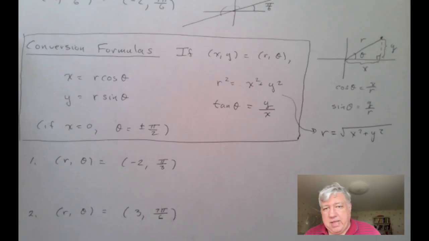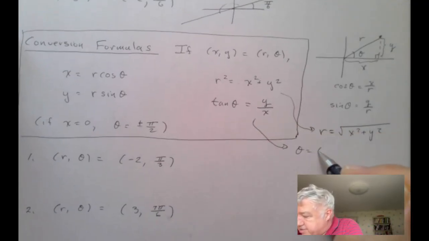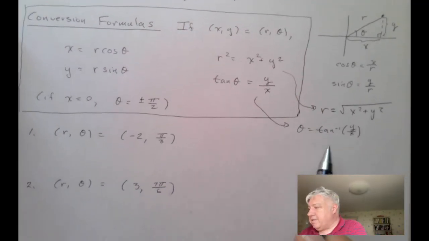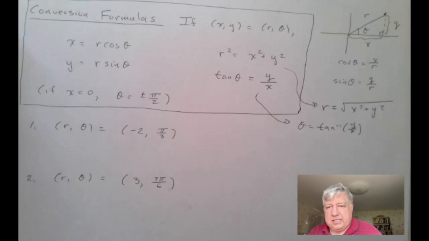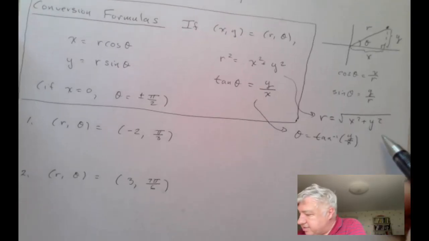So theta could be just the inverse tangent of y over x, but not always, because the inverse tangent of anything has to be between negative pi over 2 and pi over 2. That means we have to be in the first or fourth quadrant, which means x has to be positive.